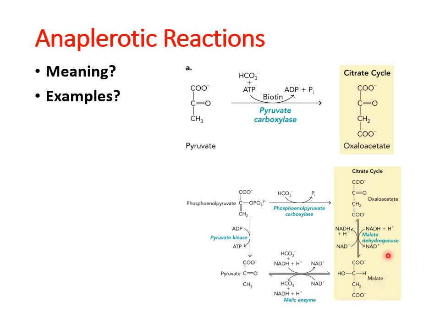Okay, so for example, on this slide, pyruvate carboxylase is an enzyme for an anaplerotic reaction because it leads to the synthesis of oxaloacetate, which is an intermediate in various different reactions or processes.